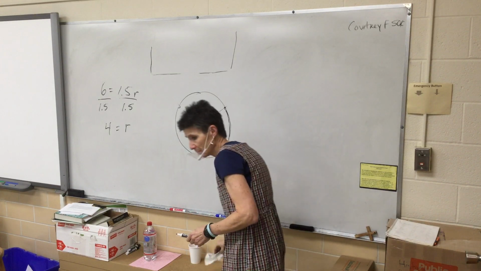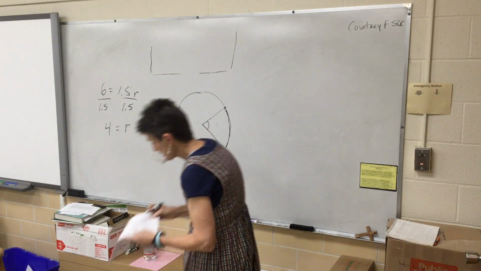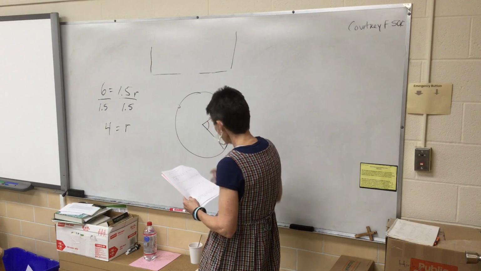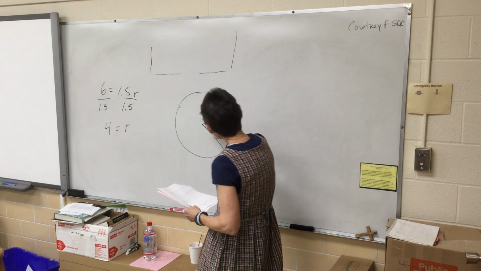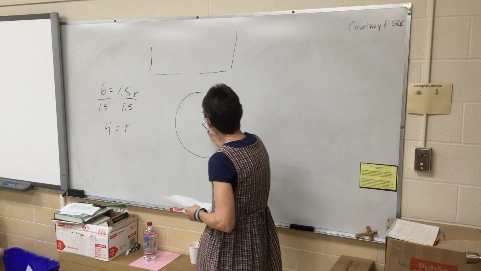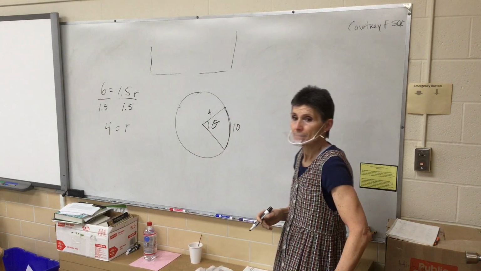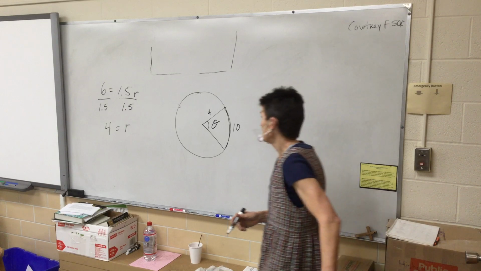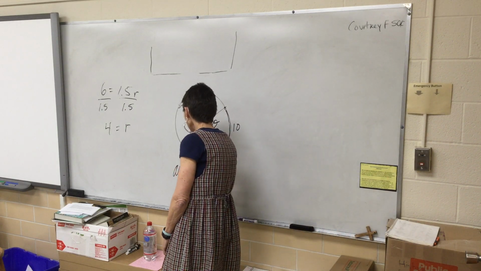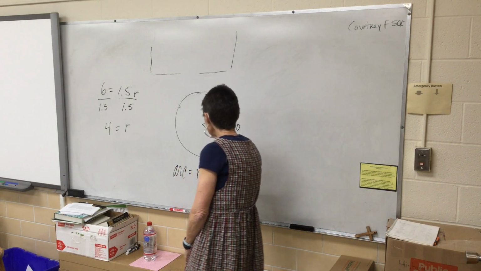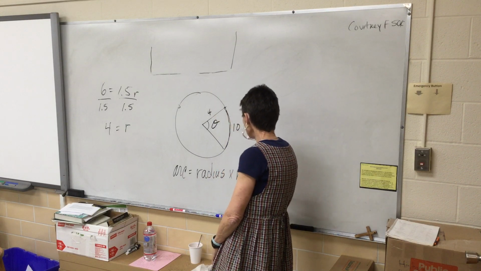What am I given? I'm given S is 10, so the arc length is 10. The radius is 4, and I need to know the angle. So arc length equals radius times radians.